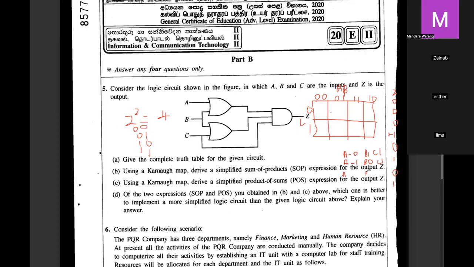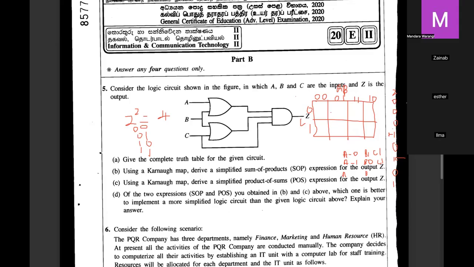I didn't understand this part. I mean, in the truth table where we got 1, what are the input values for A, B, and C? In the line where we got 1 here, in C, we got the second place.